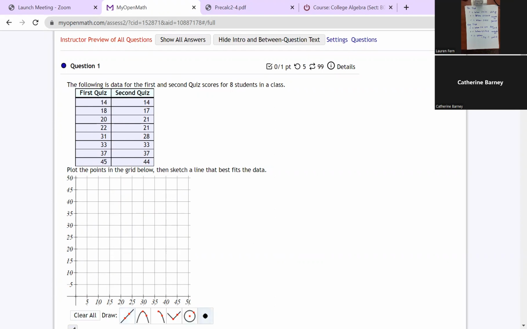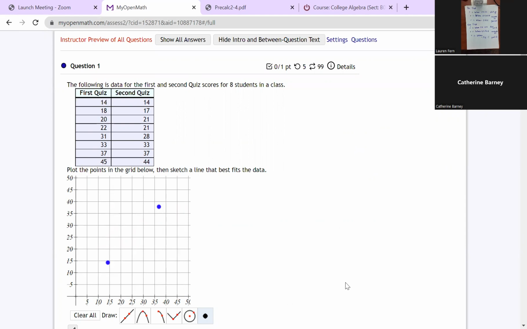So I would click the dot and go to 14 on my x-axis and 14 on my y-axis, and go doink. Then I would do that all along. So I would do 37, 37. Wow, those people are so consistent. Doink. You're going to do this for all of them.